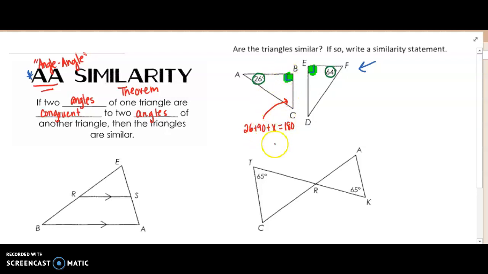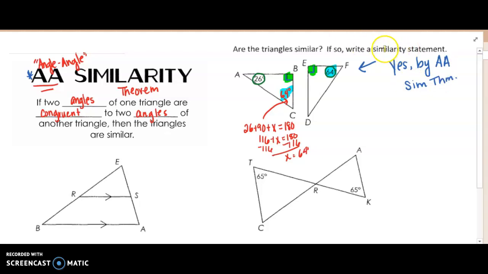Remember, all angles of a triangle add to 180 degrees. So 116 plus X equals 180, minus 116, I get X equals 64 degrees. So this angle here is 64 degrees. Well, notice this 64 degrees and this also has a 64 degrees. So I can say that yes, these triangles are similar by the angle similarity theorem.